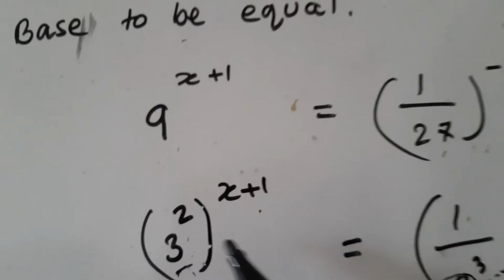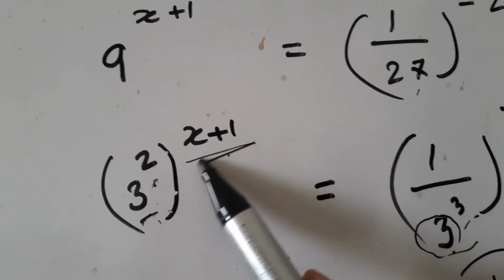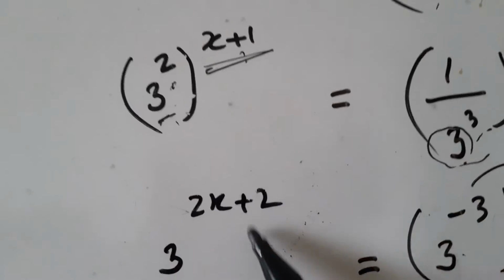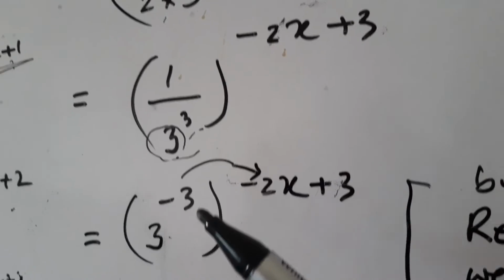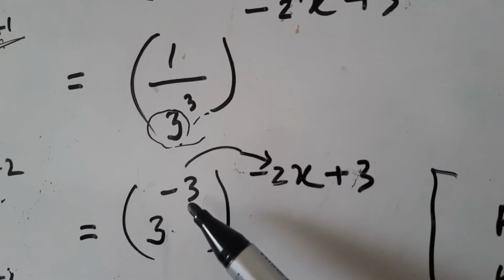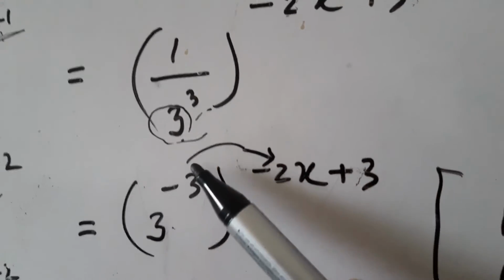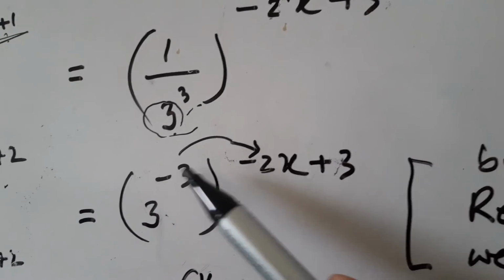So let us do how we can do it. So it was like this. Now this square we can distribute in here. So what will come? 2x plus 2. And here you see, by reciprocating any number, we can just change the sign. So here it was 1 by 3 whole cube. So we can make it like this, 3 to the power negative 3.